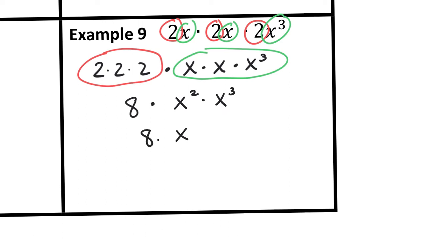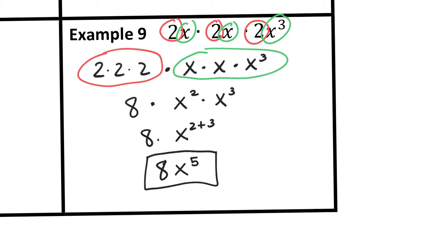But I can write it as x to the power of 2 plus 3, which is 8x to the power of 5. All right, let's go to example 10.